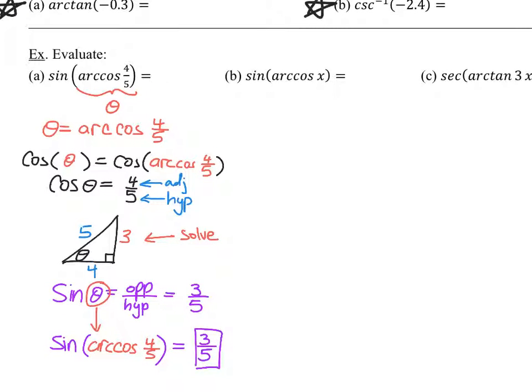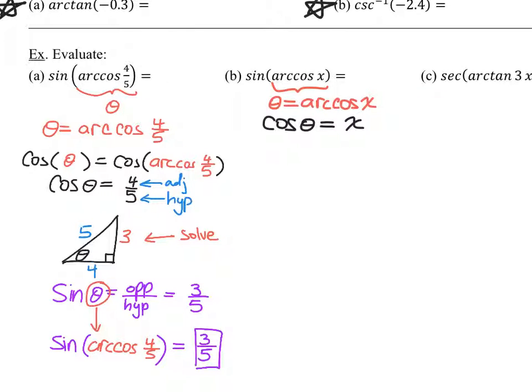All right. So since it's essentially the same question, just with, instead of theta being equal to arc cosine of 4/5, since theta is equal to arc cosine of x, I can just jump right to this step here and say that if theta is equal to the arc cosine of x, that would mean that cosine of theta is equal to x.